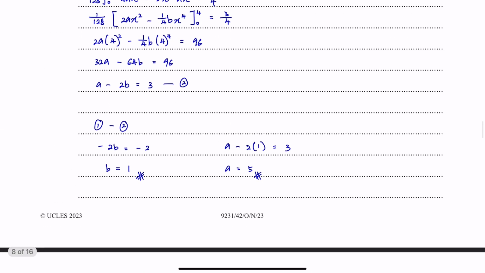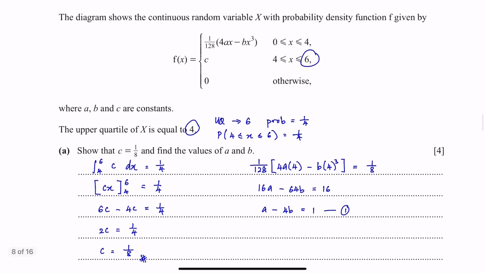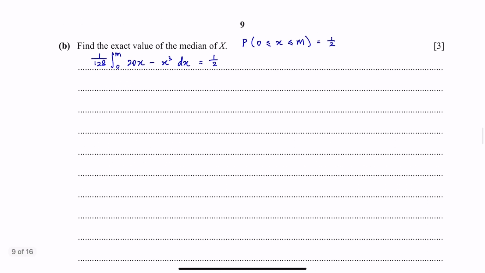We have found the values of a and b in part A, so I just sub them into this expression over here. So I have 1 over 128 times 10x squared minus 1 over 4x to the 4 equals 1 over 2.